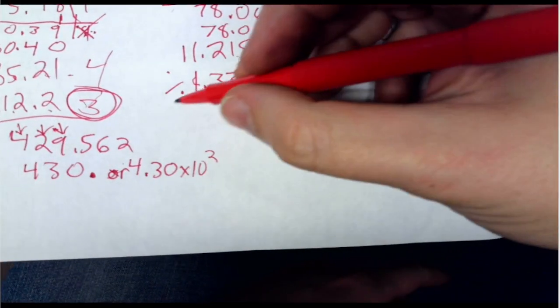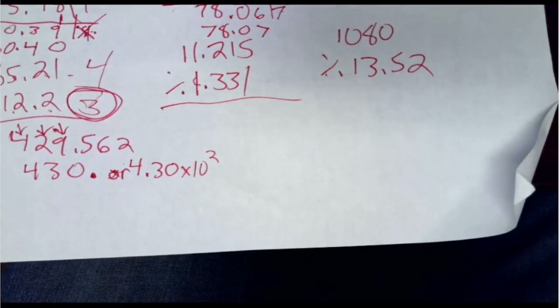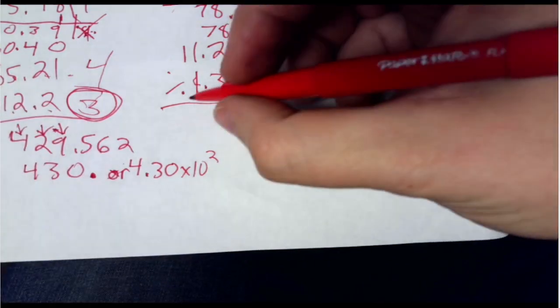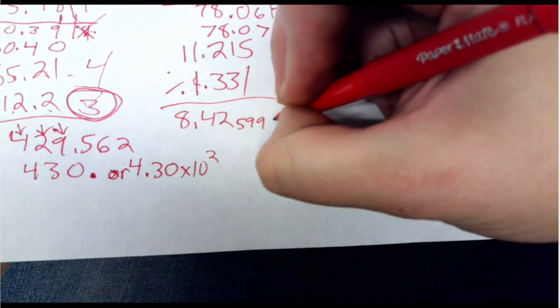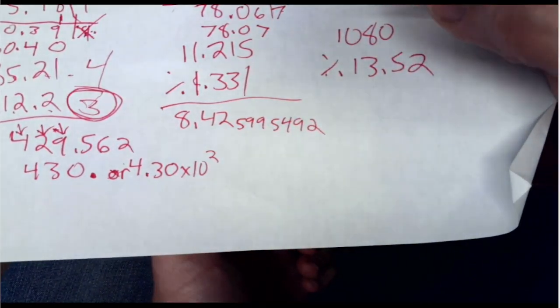The next one, moving right along. 11.215 divided by 1.331. We do that one, and we get 8.425995492. Should I write that whole thing?